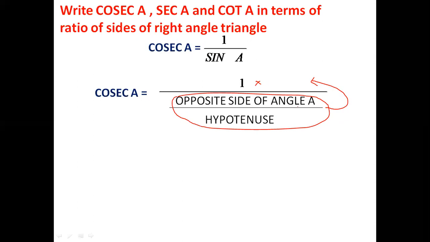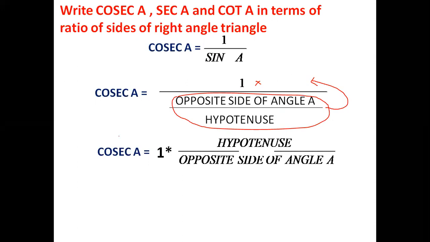So cosec A is equal to 1 into hypotenuse by opposite side of angle A.